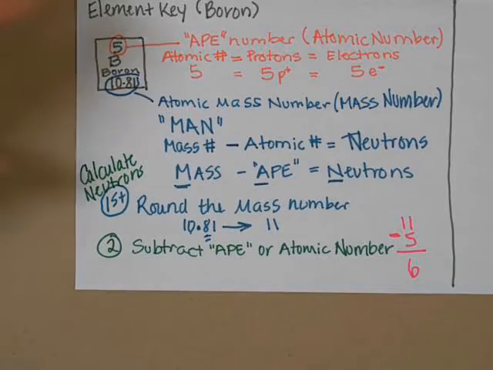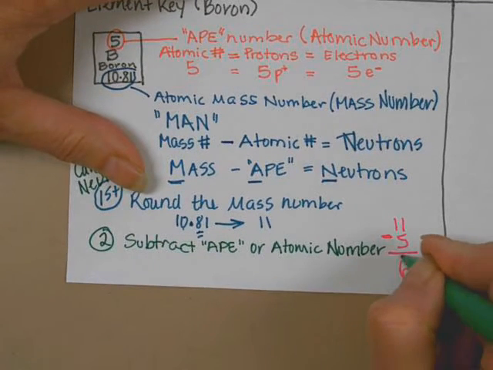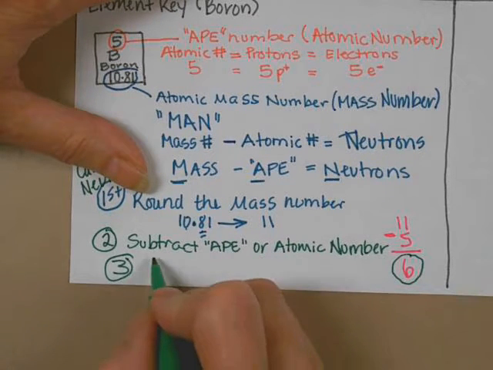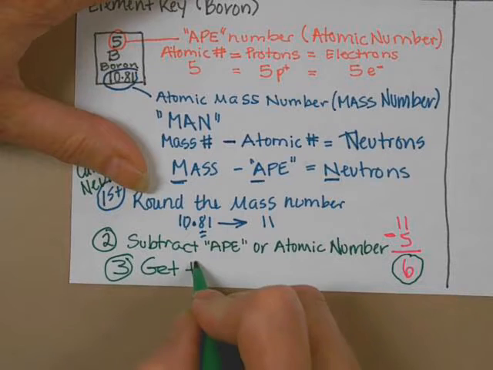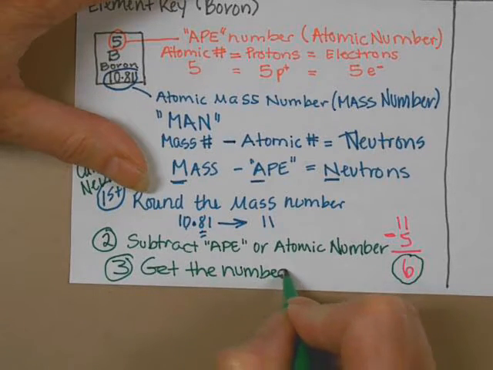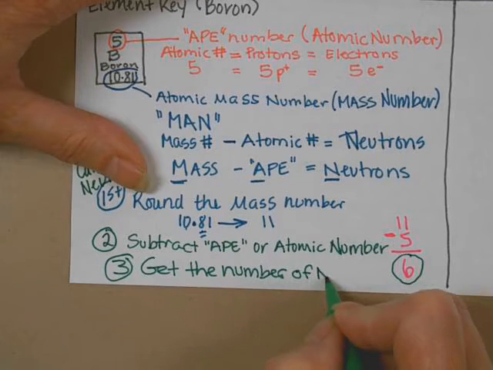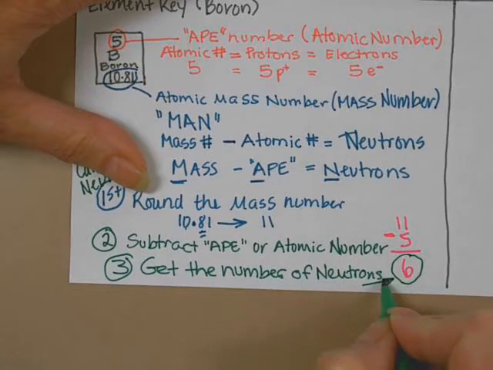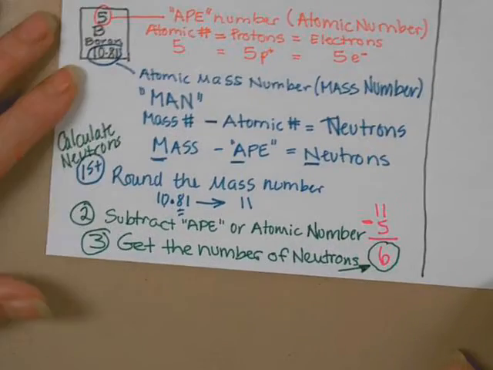So 6, get the number of neutrons, which are now 6 for boron.